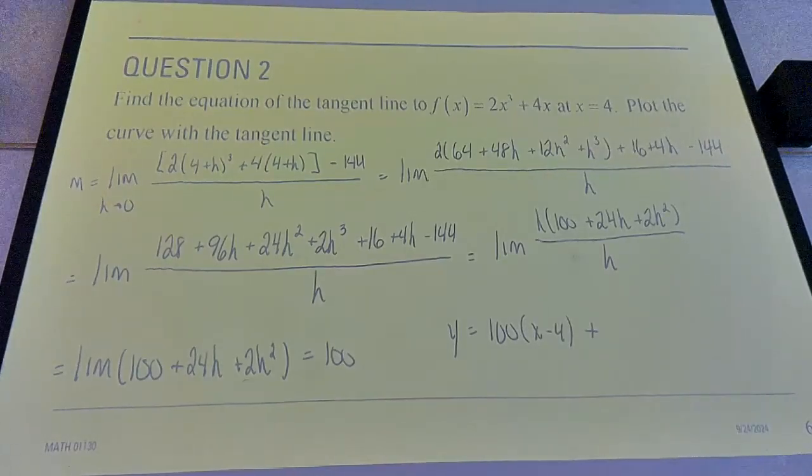And we said f of 4 is 144. So 100x. What is 144 minus 400?